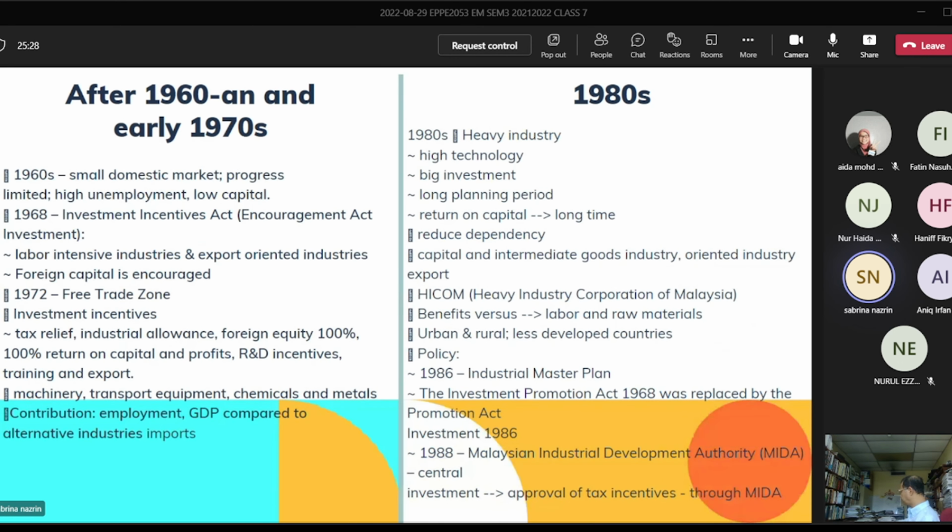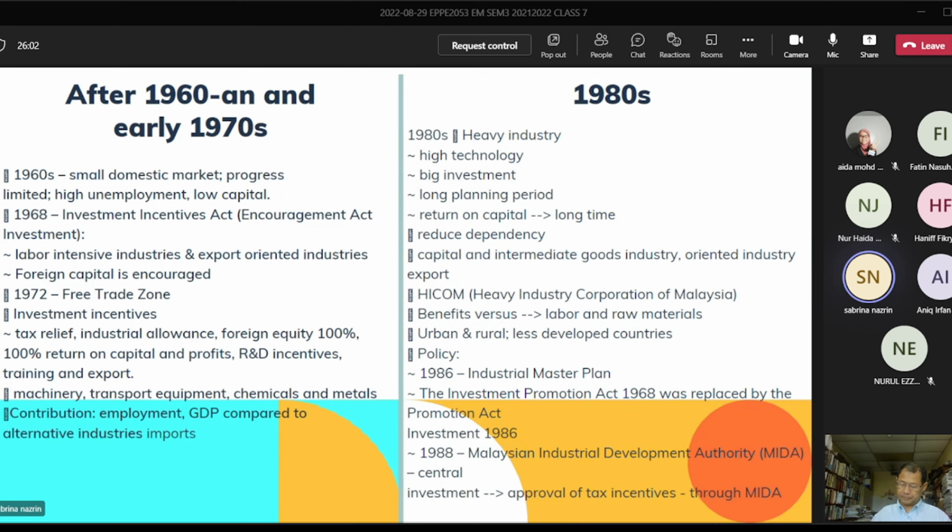Okay, the first one is after 1960 and early 1970. In 1960 is a small domestic market, progress limited, high unemployment and low capital. 1968 is the Investment Incentive Act, which encourages investment. There is labor intensive industry and export-oriented industry.